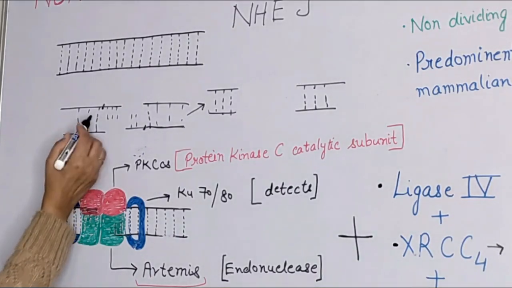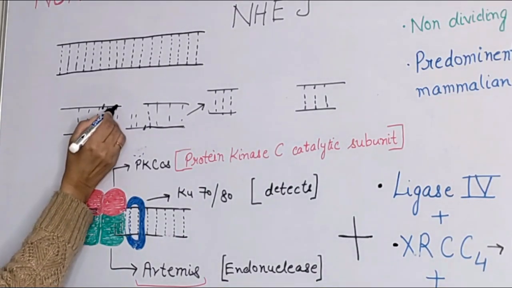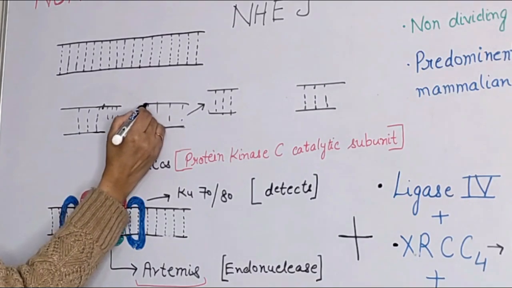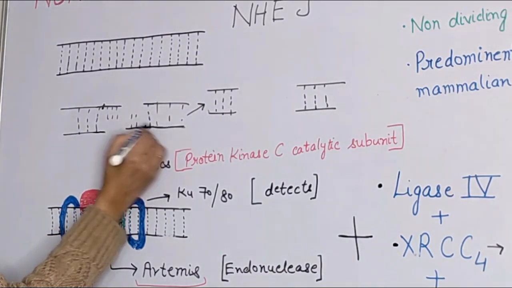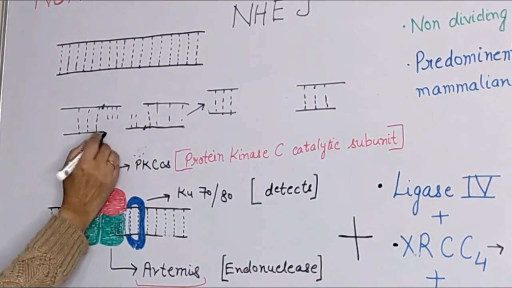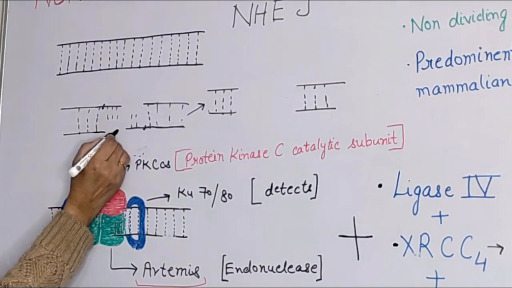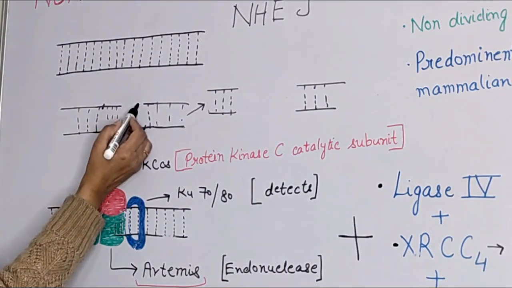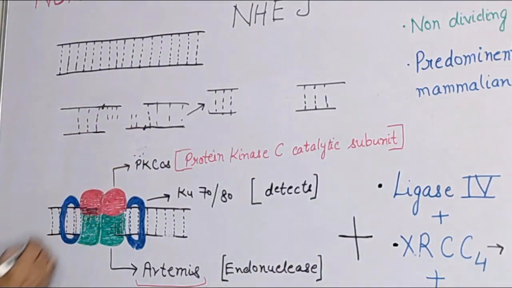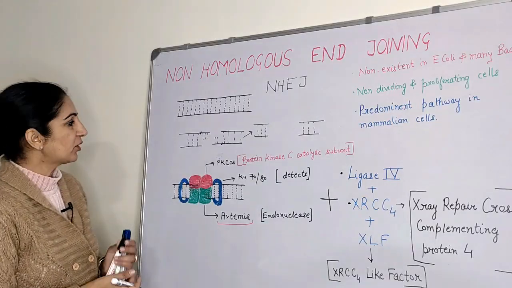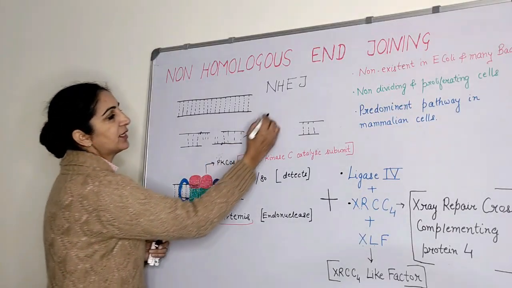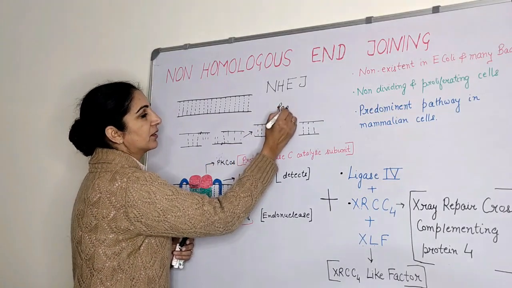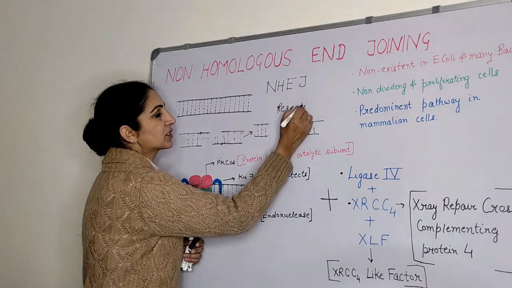This is one side of the molecule and this is the other side, and some nucleotides have been lost from this side and some nucleotides have been lost from this side. This loss of nucleotides is known as resection.